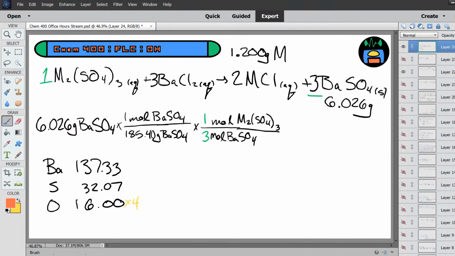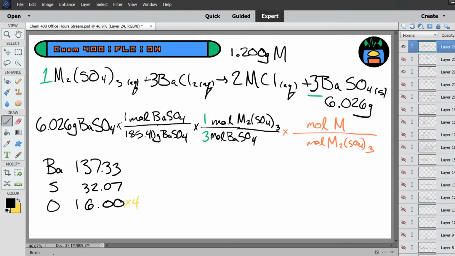Finally, we need a unit conversion that'll take us from moles of our metal sulfate to just moles of metal.